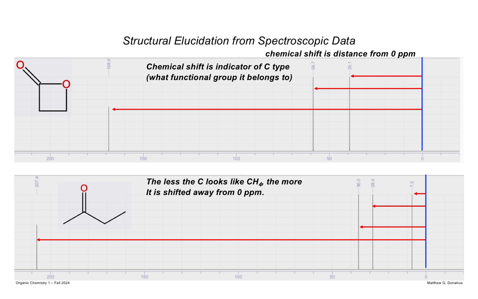So the blue line, again, these are the spectra of the ester and the ketone. We're going to think of the blue line as methane, where for every carbon signal you see, you're then substituting an H for whatever's bonded to that carbon.